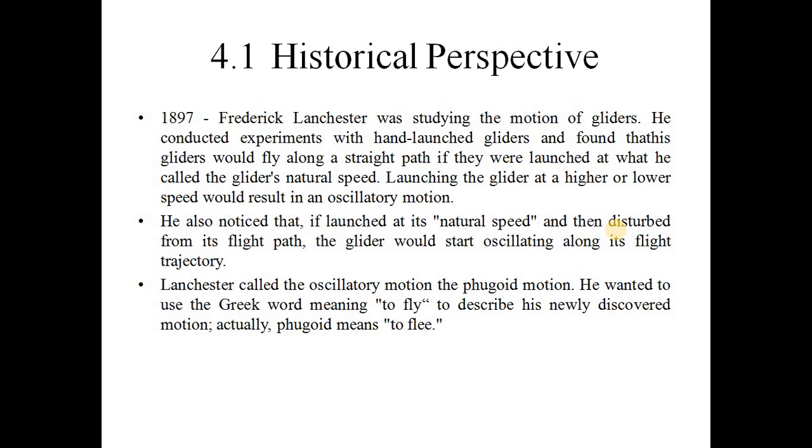As you climb up, your speed will be reduced because your altitude is getting higher, and you are also gaining potential energy. As you gain potential energy, you lose kinetic energy. Then you start to descend. When you start to descend, you gain kinetic energy, but you lose potential energy, and it will oscillate lah, naik turun.